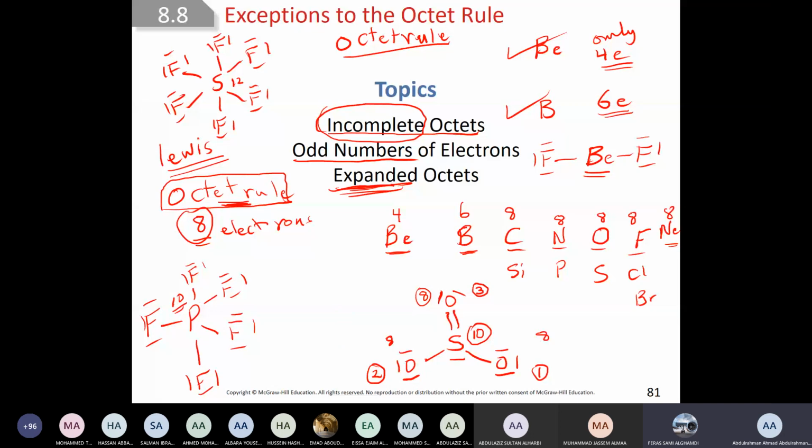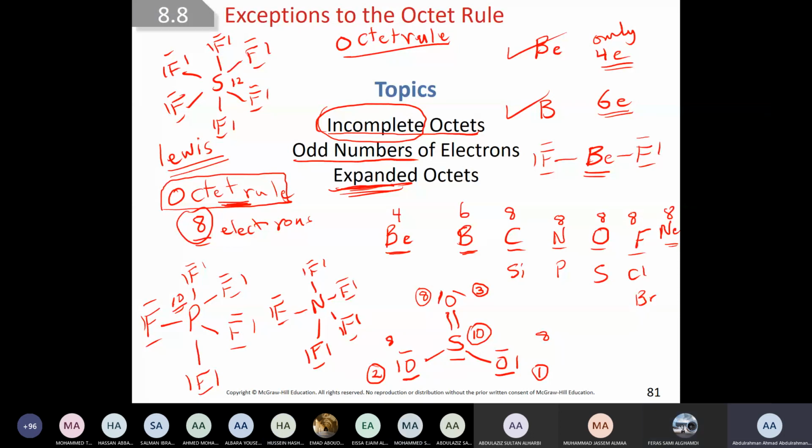Now, let me ask you a very simple question. Can I have an NF5 molecule? N, F, F, F, F, F. Can I have this molecule? No. How many around the fluorine? 8.